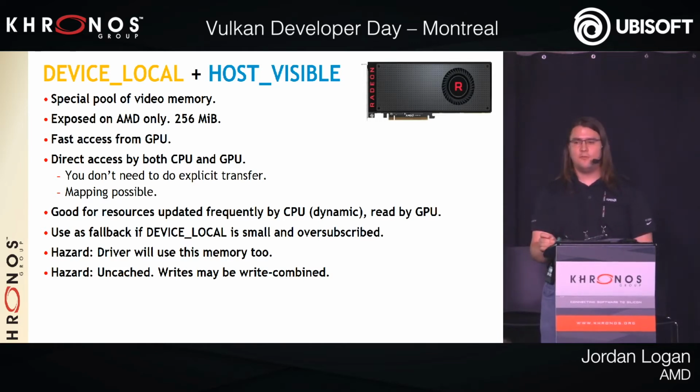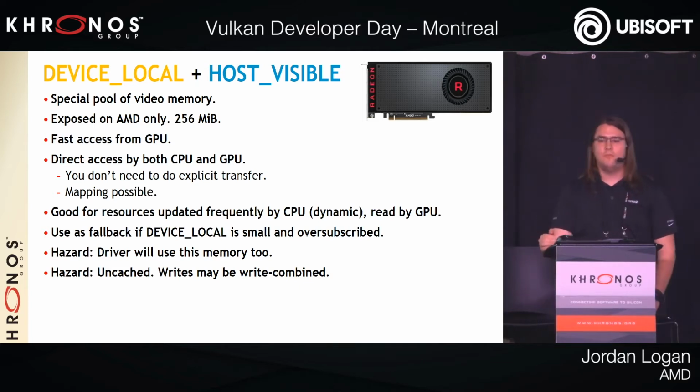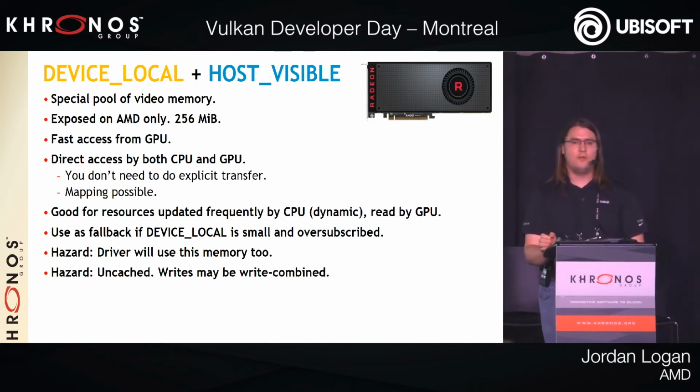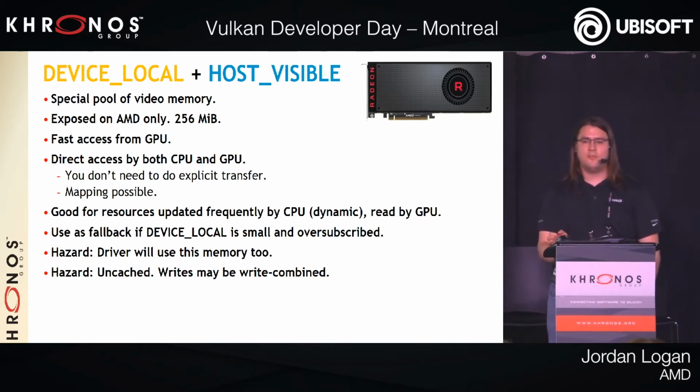You also got to be careful as the driver will use this heap for implicit resources like descriptors and such. So you do not want to use the whole heap, otherwise you'll just spill into your device host visible memory. And as with the previous one, this is also uncached and could have write combined. Even worse, it's across the PCI Express bus, so reads are very slow from this memory.